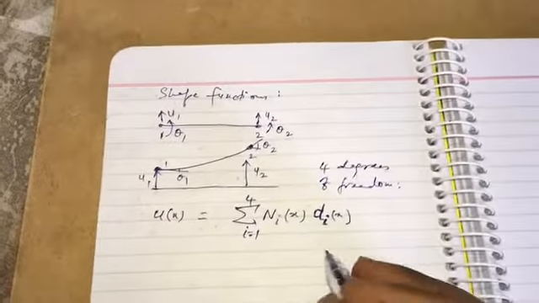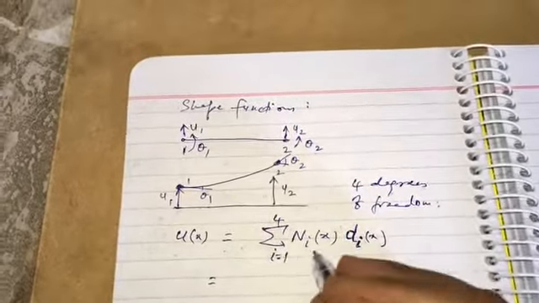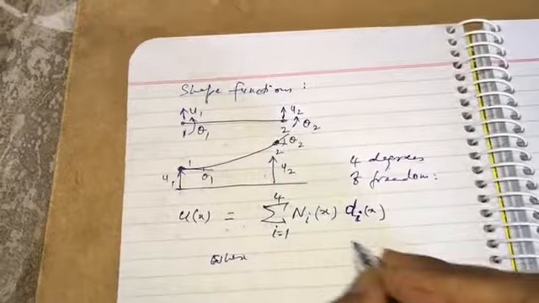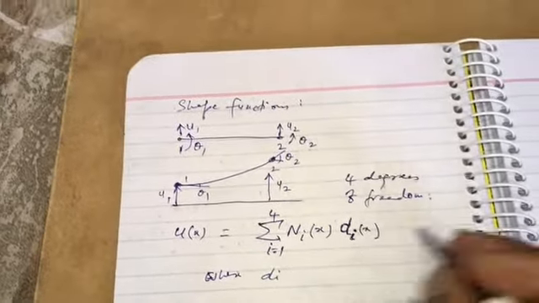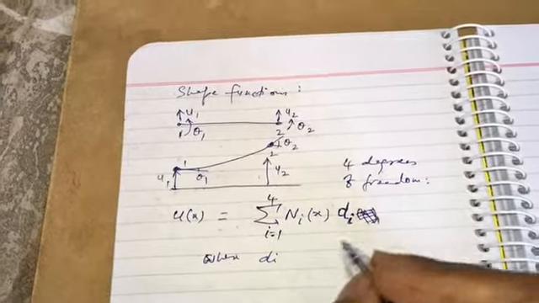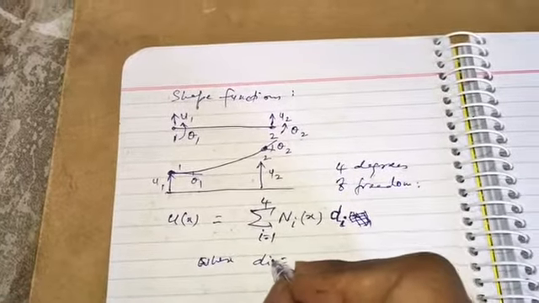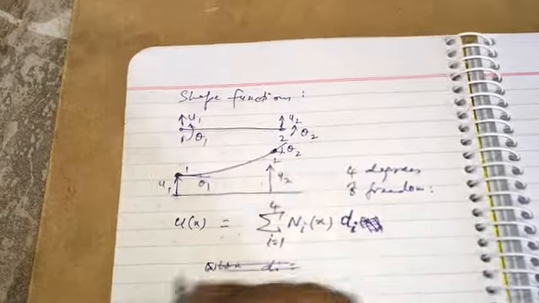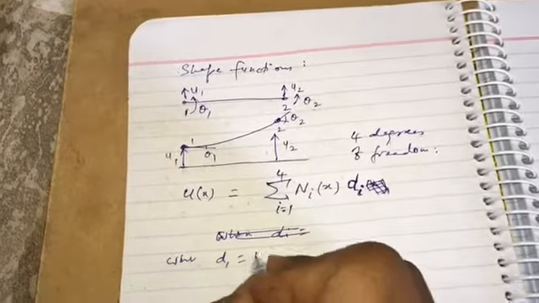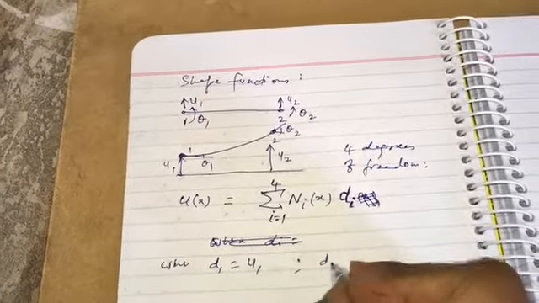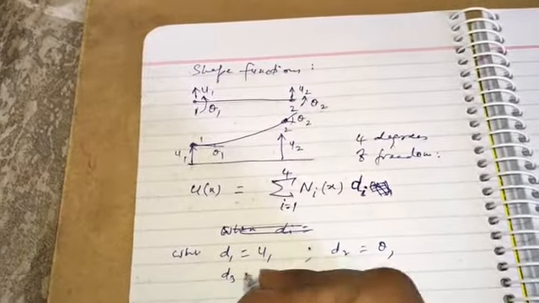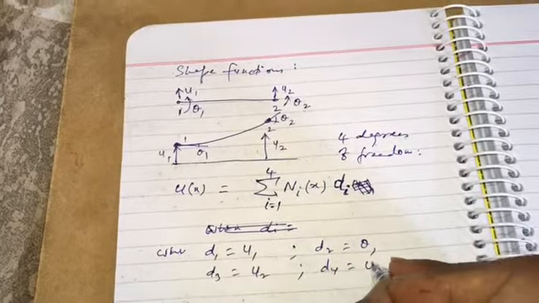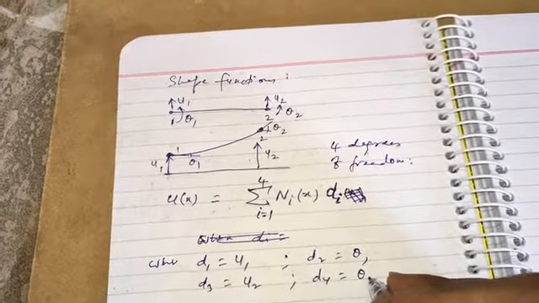What is the meaning of that is our N_i, where d_i, this is not a function of x, but rather d1, let's call it, where d1 equal to u1, d2 equal to theta 1, d3 equal to u2, and d4 equal to theta 2.